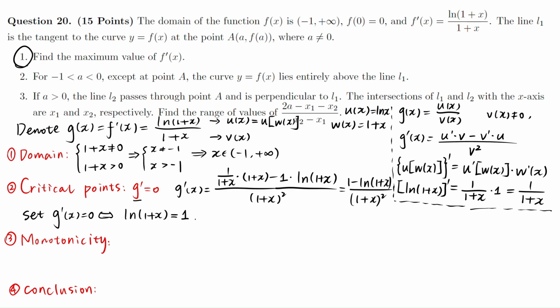And to solve this, we have to know this is equivalent to 1 plus x being equal to e, and e is the natural number, right? And this implies x is equal to e minus 1, with the approximate value being 1.718, which is strictly larger than minus 1. Therefore, we find an interior critical point of g of x. That's what we want. Okay?